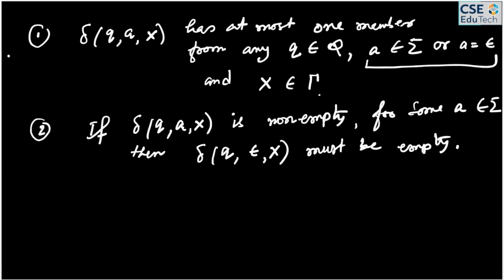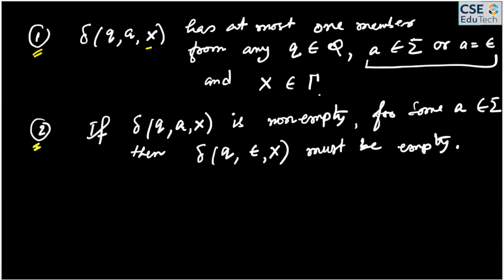Now what does rule 1 say? Rule 1 says that for a given input symbol and any stack top symbol, at most one move can be made.